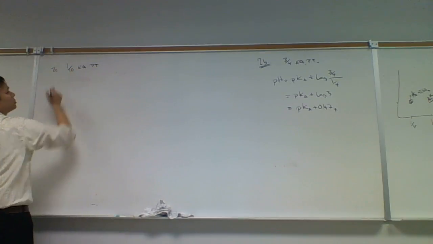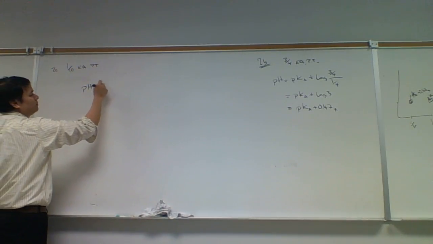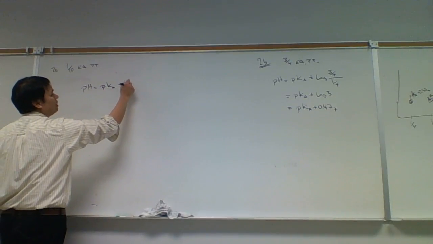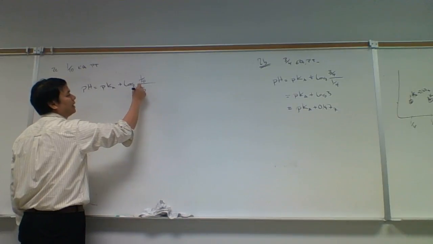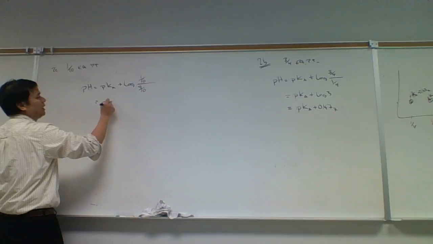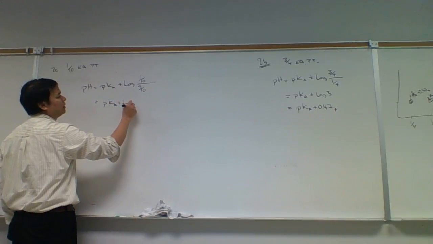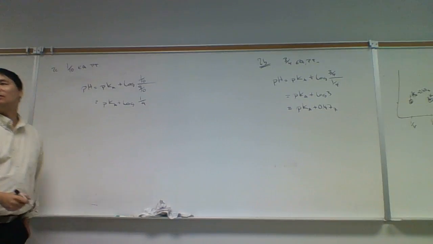That means I've only neutralized 1/10 of my acid. And so that means the pH is equal to the pKa plus the log. So 1/10 of it's converted into product, that leaves 9/10 behind. And so this is equal to the pKa plus the log of 1/9.